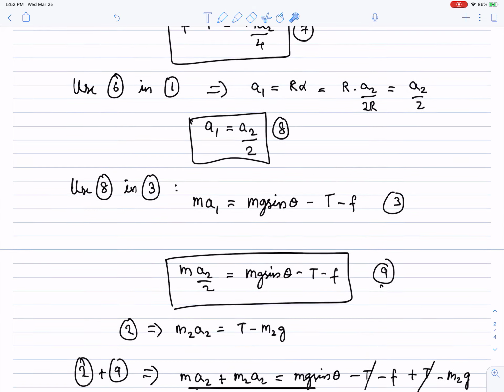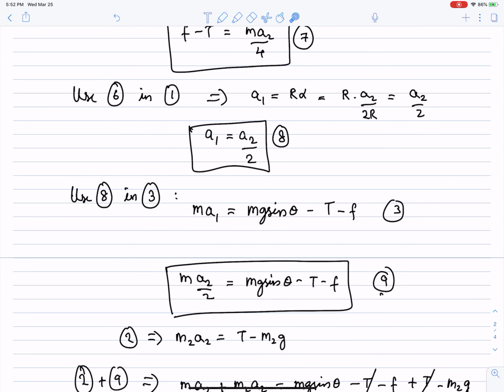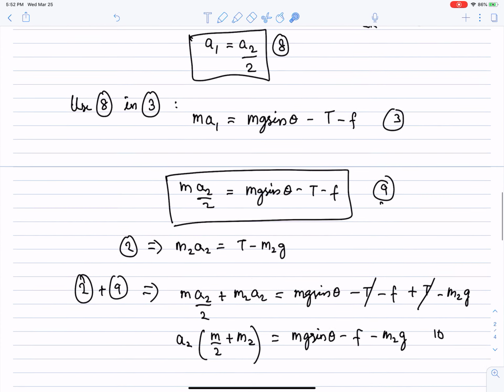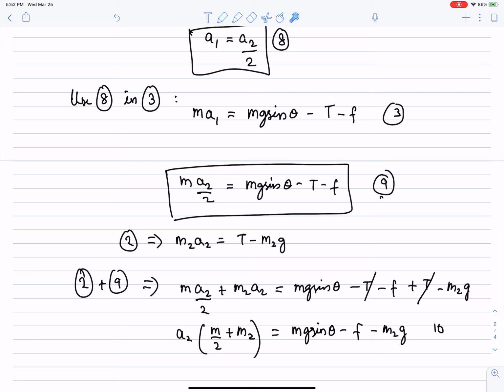What I'm going to do is use equation 9 and equation 7 to eliminate f between the two of them, so that we get another equation that just has a2 and t, and then we can use equation 2 along with that to solve for a2 and, if you want, t as well.